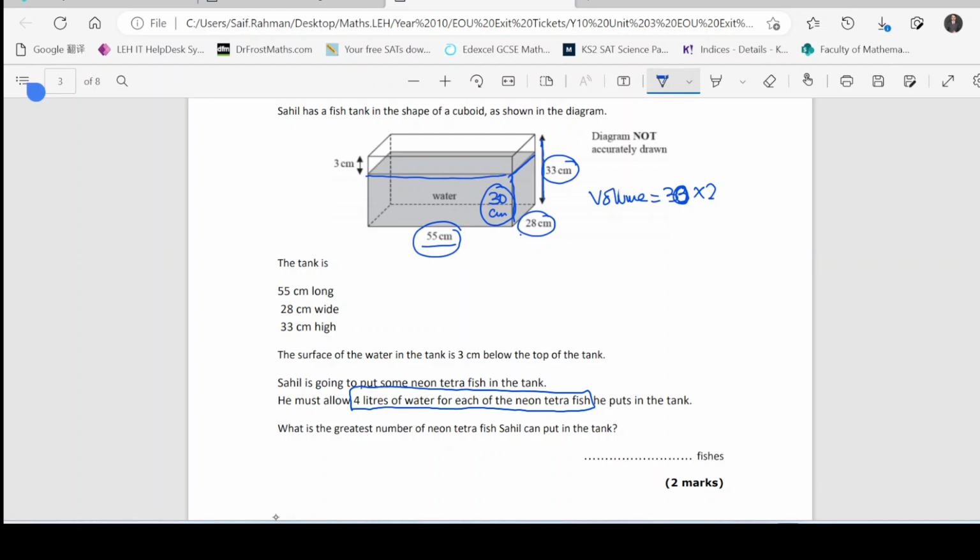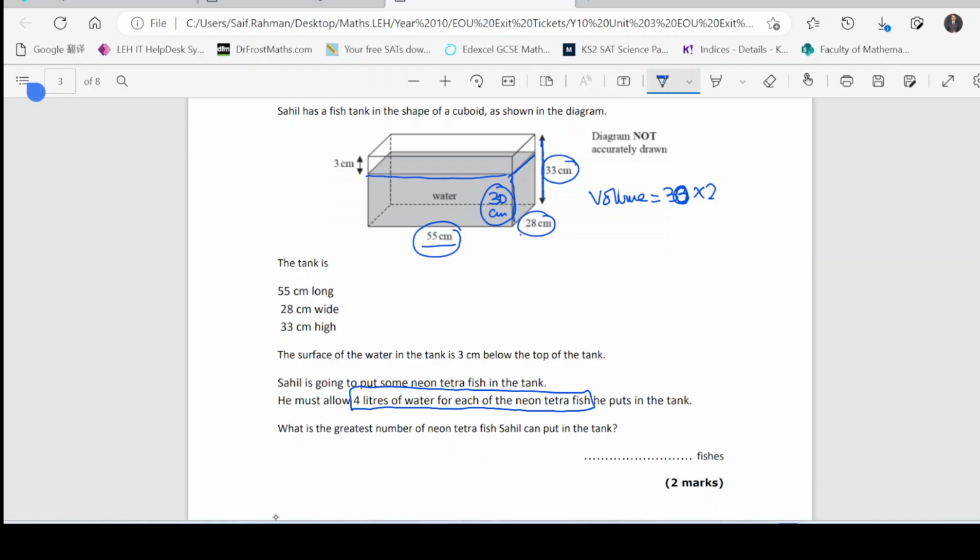So 30 times 28 times 55, and the volume which we get as a result of this calculation is 46,200 centimeter cube.